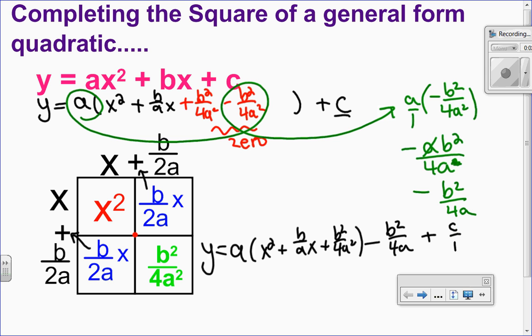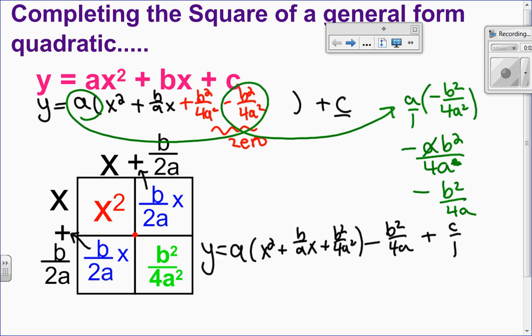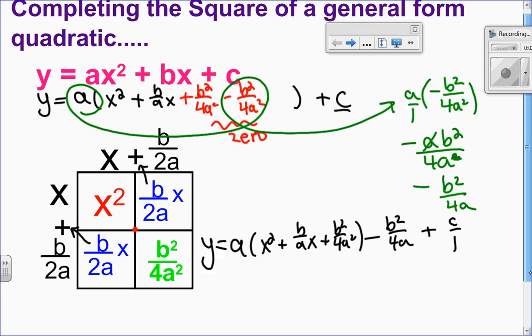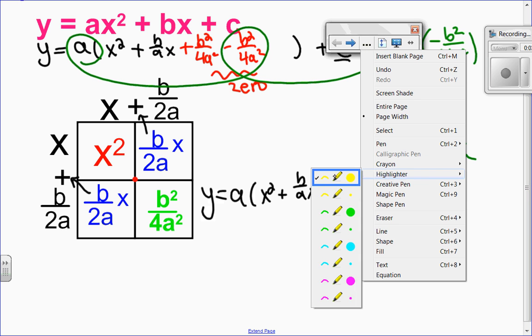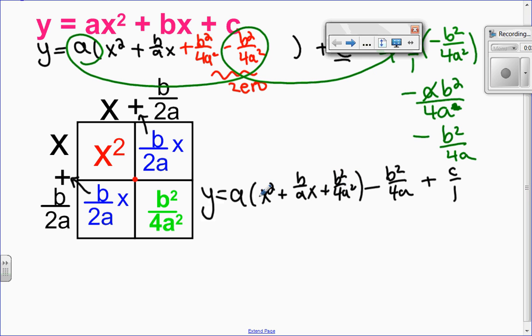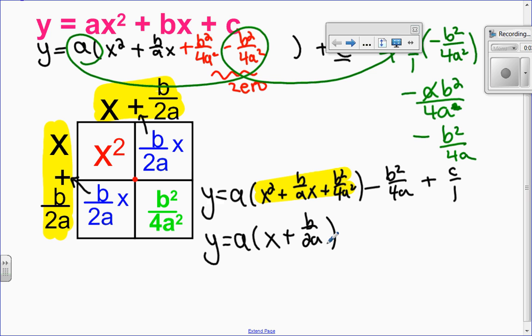And I'm just going to write that as c over 1 so I can create a common denominator. Okay, so focusing on the perfect square, so you see my steps are the same as when I had numbers. So this is my perfect square, which I know from my grid factors as that times that. So I have y equals a times x plus b over 2a all squared.